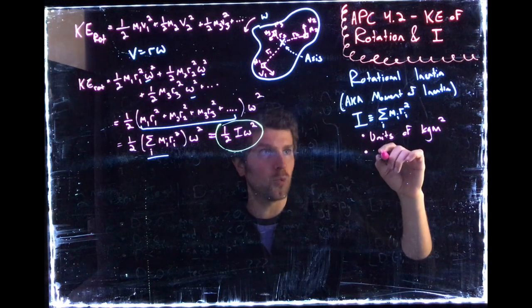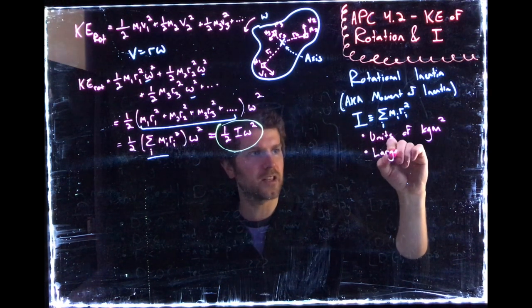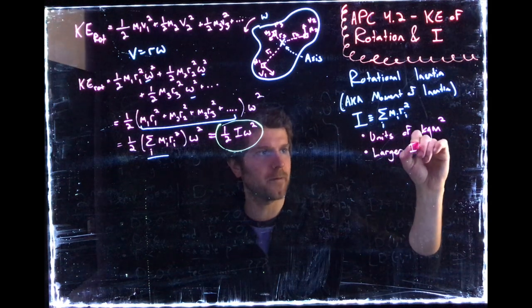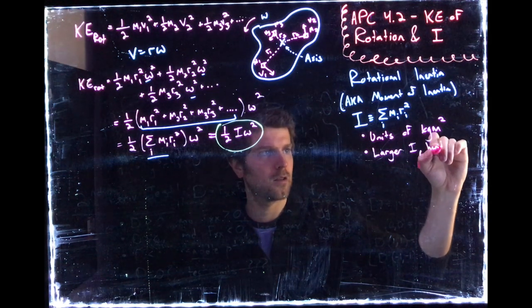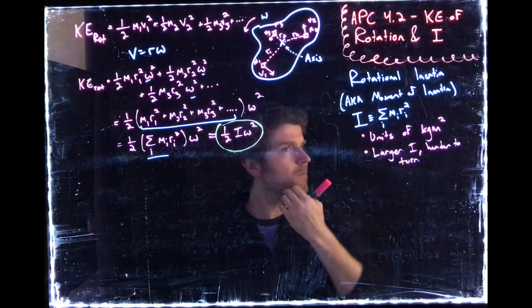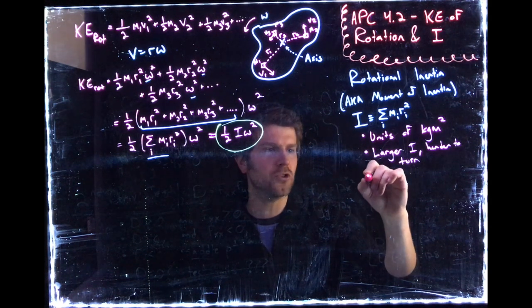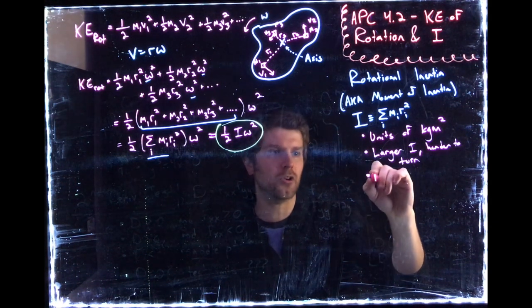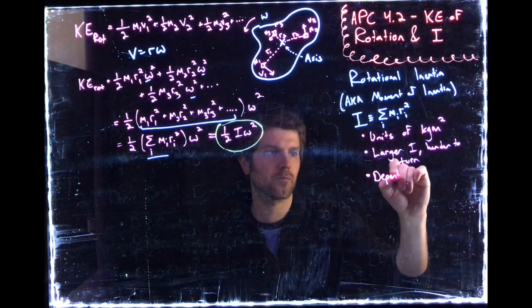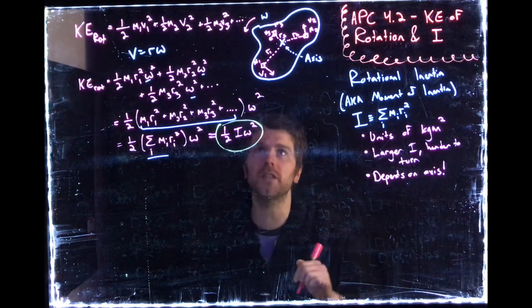And what does it tell you? Well, it tells you how easy something is to turn. So a larger I is harder to turn, harder to spin. And what's unusual about this is that it depends on our choice of axis. And just to elucidate this in two ways.